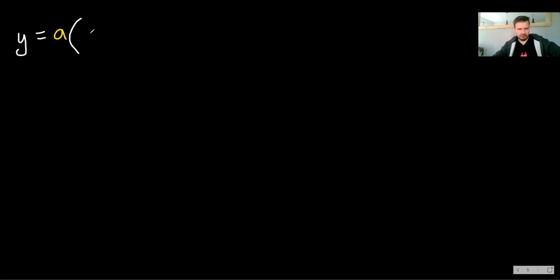So your x-intercept form looks like this. And again, we'll say minus, and we'll call this minus x1, and we'll call this minus x2, because there's usually 2 x-intercepts.